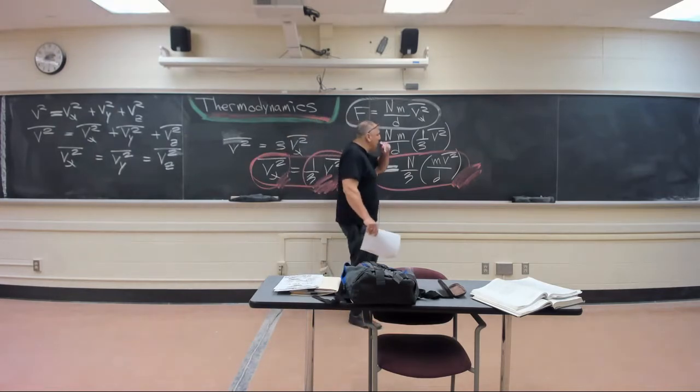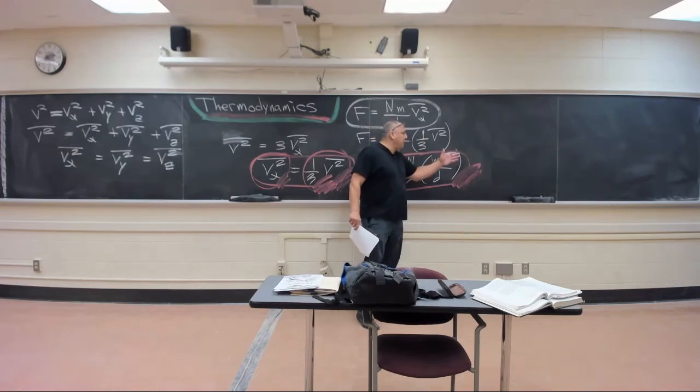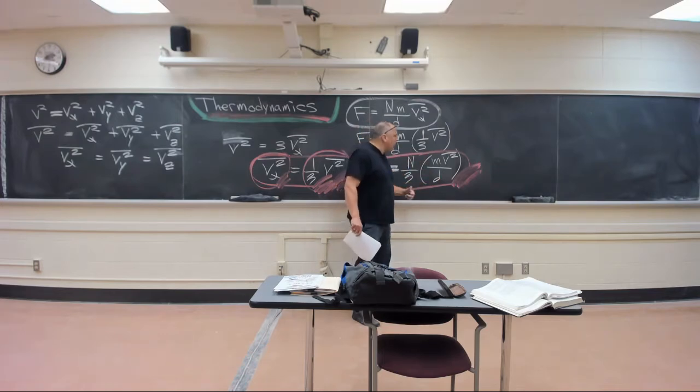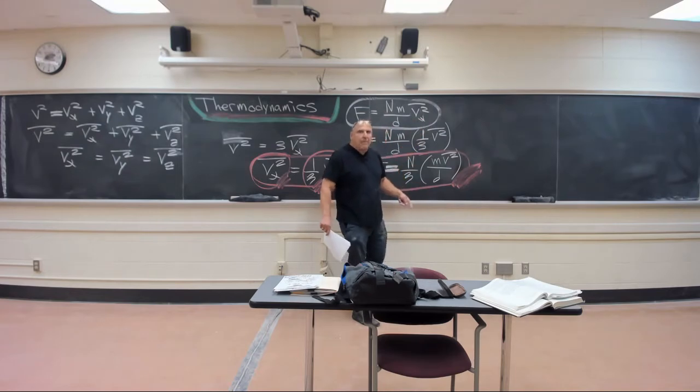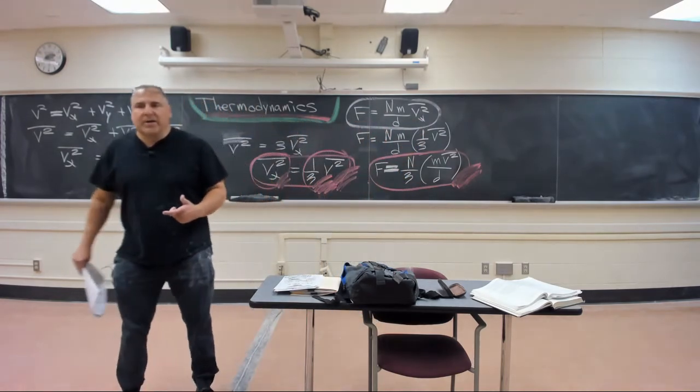That means their average velocities, 1/3 of them have average velocity going straight on in the x direction, back and forth. Another 1/3 have the same average velocity going up and down in the z direction, and another 1/3 have it going back and forth in the y direction.